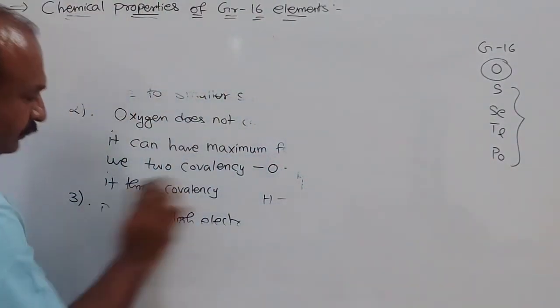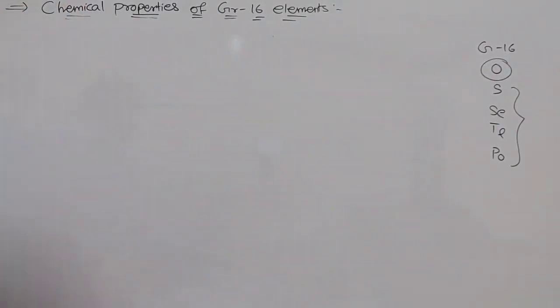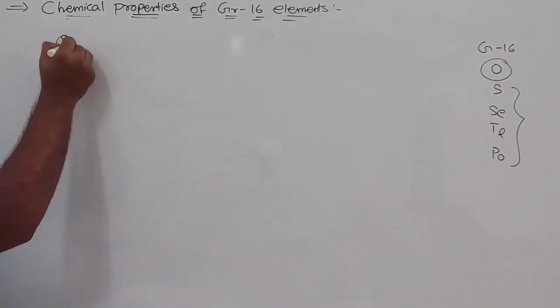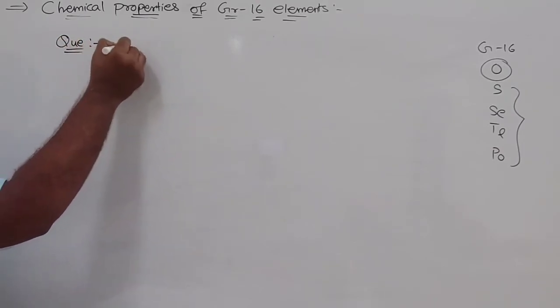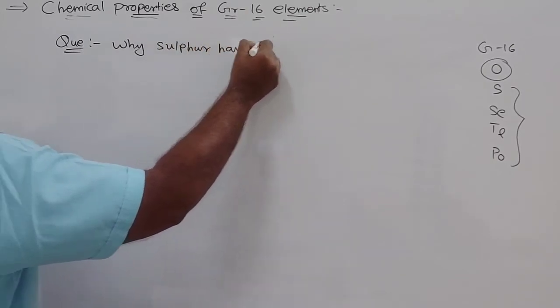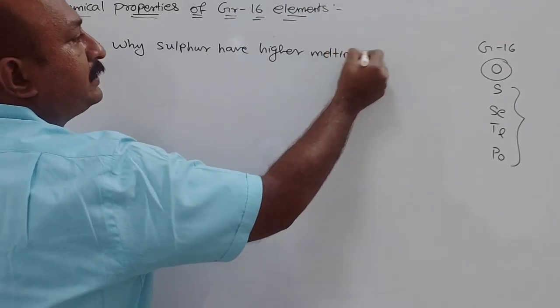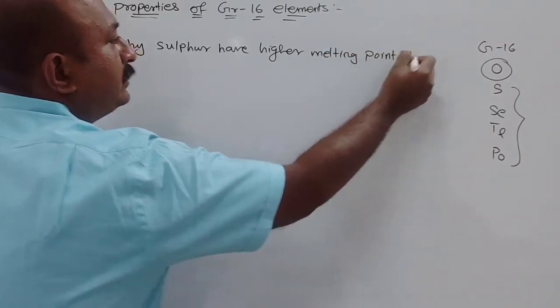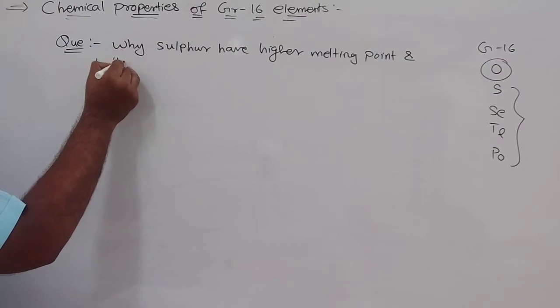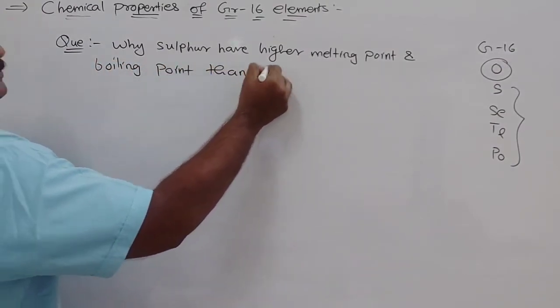Now one question is generally asked: why does sulfur have a higher melting point and boiling point than oxygen?